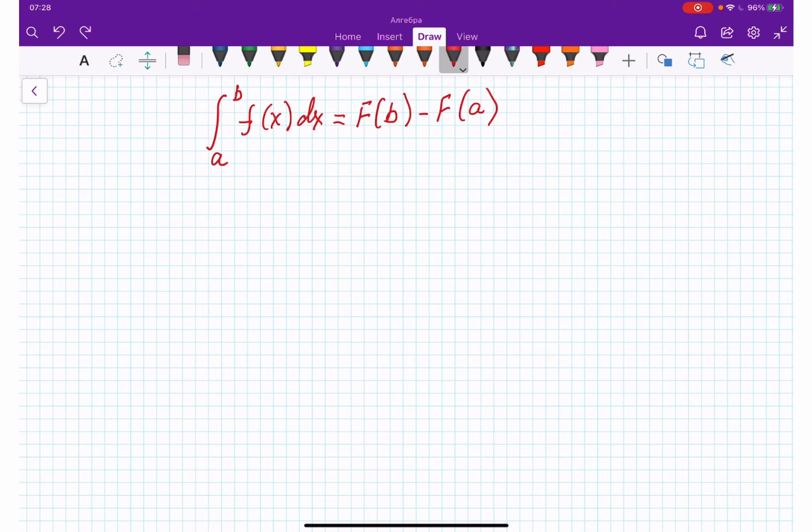And b and a are limits that define the interval within which we are going to integrate the function.